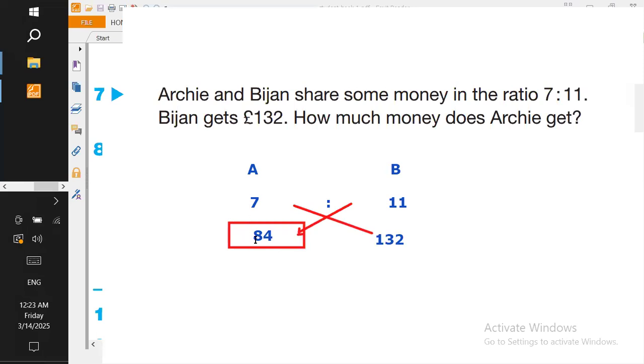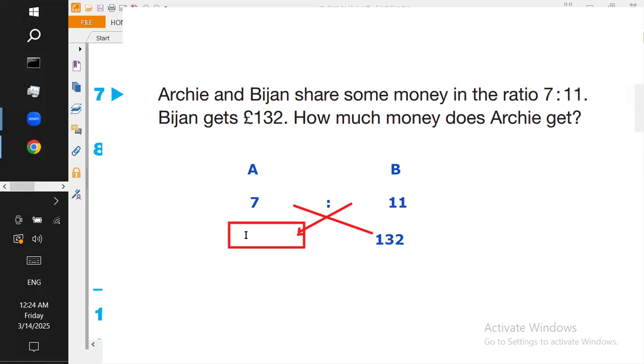If you want to check, you just add 84 with 132. Sorry, it doesn't look right. Wait, give me a second. I maybe didn't do the calculation right. I'm multiplying 132 by 7 and then dividing by 11.